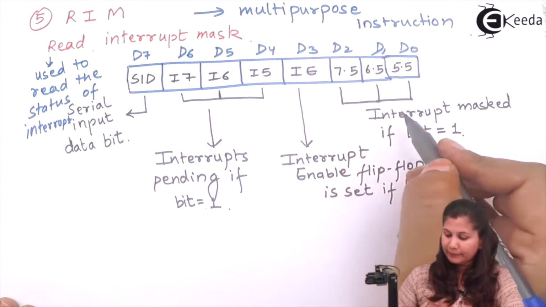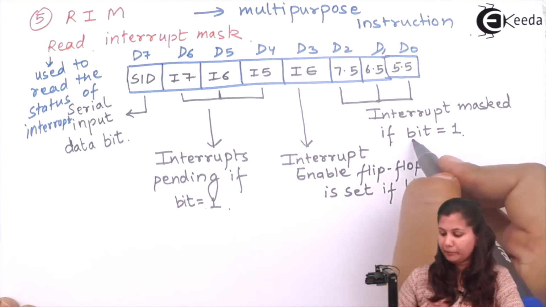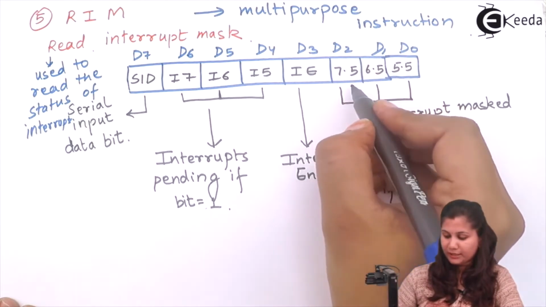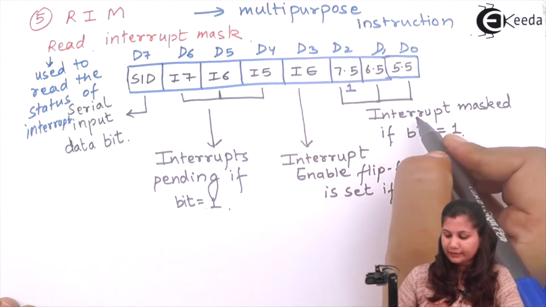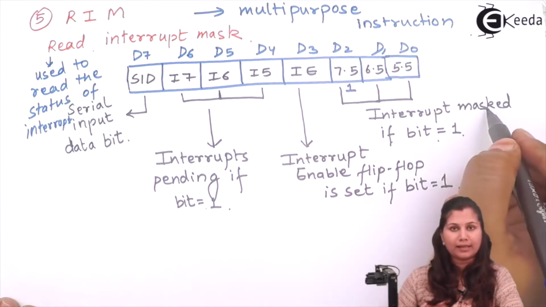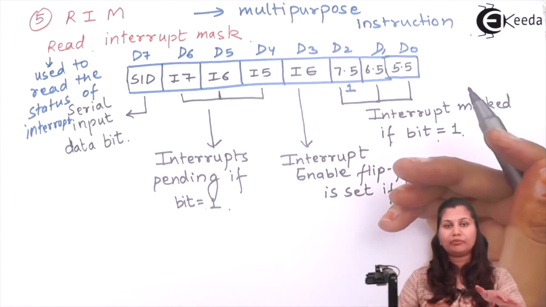Now what these 3 bits are defining is that the interrupt will be masked if the bit is equal to 1. Now if the value of this D2 bit is 1, then the interrupt RST 7.5 will be masked, because these are the maskable interrupts. So that interrupt will be masked.